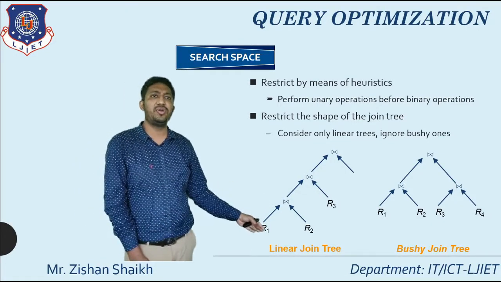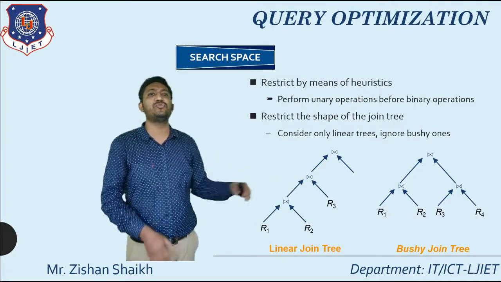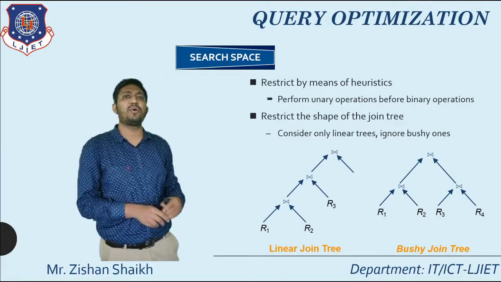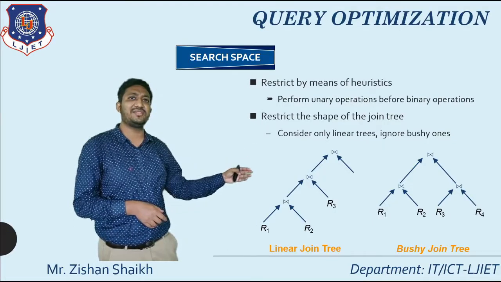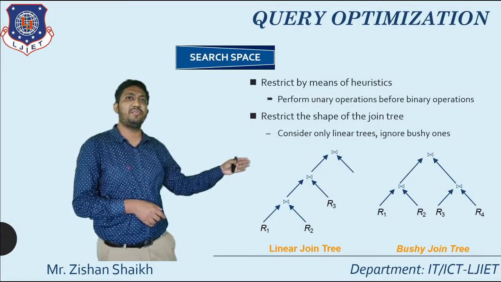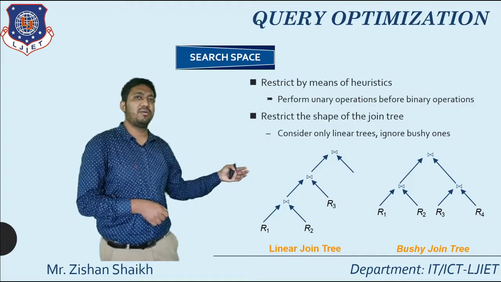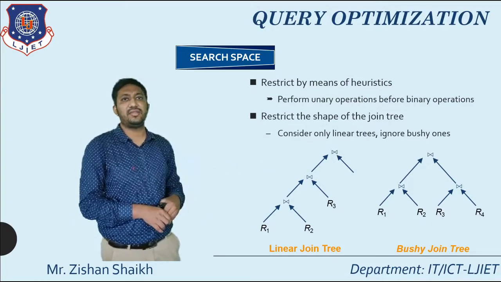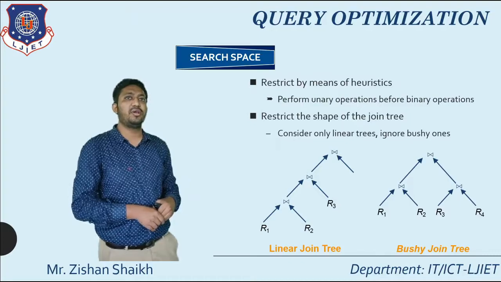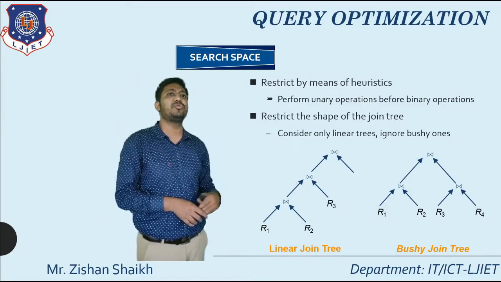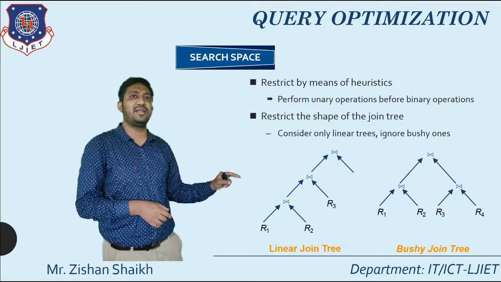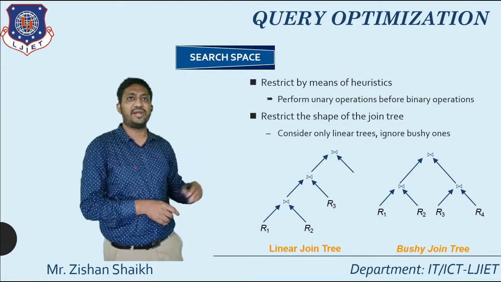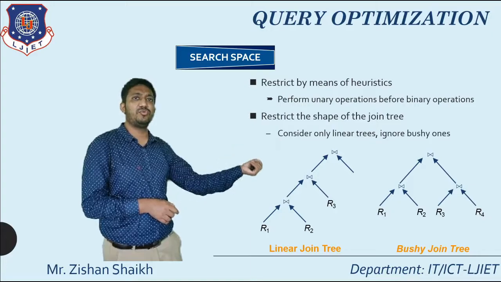First is linear join tree and second one is bushy tree. In a linear join tree, each and every node has at most one child that is a base relation, whereas in a bushy join tree, each and every root has exactly 2 child nodes. So that is the constraint of a particular bushy join tree.